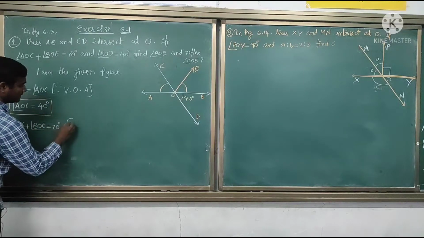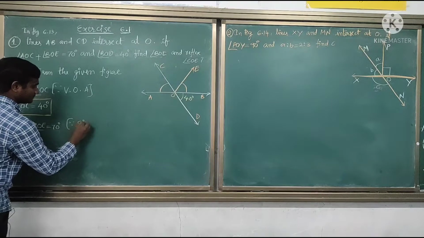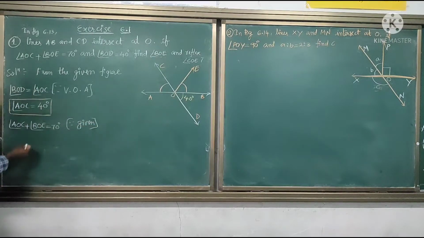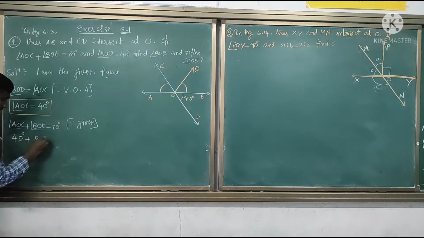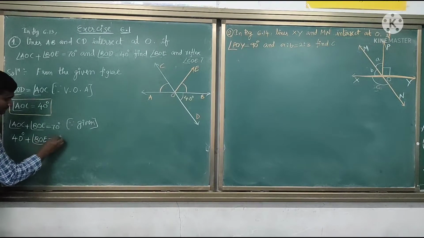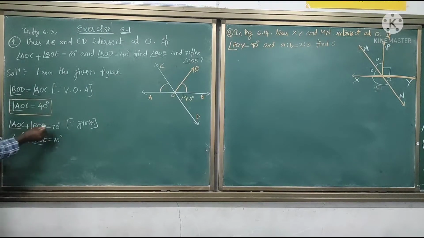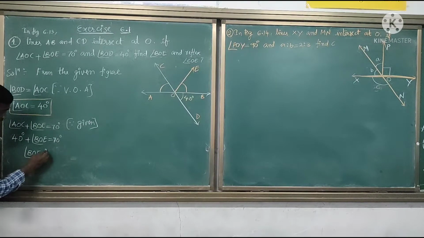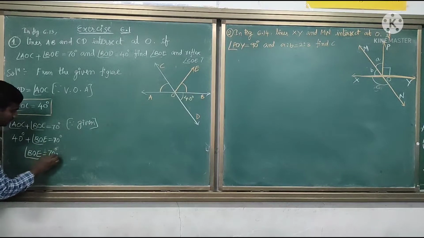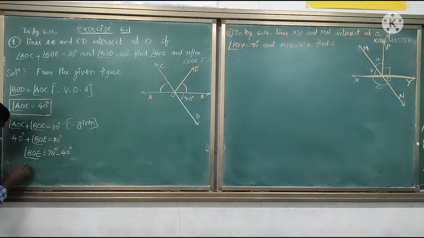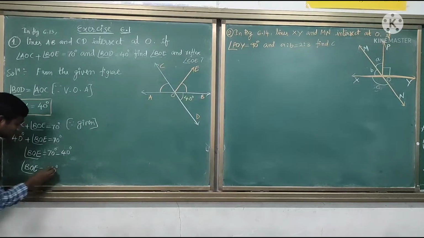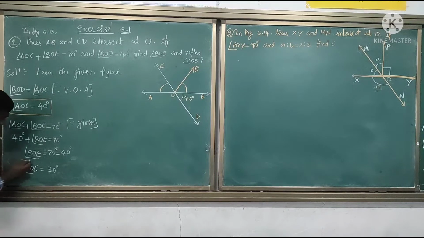Next, 40 degrees plus BOE equals 70 degrees. So you can transpose this to the right side. Then angle BOE equals 70 minus 40 degrees, which is 30 degrees. So angle BOE we finished.